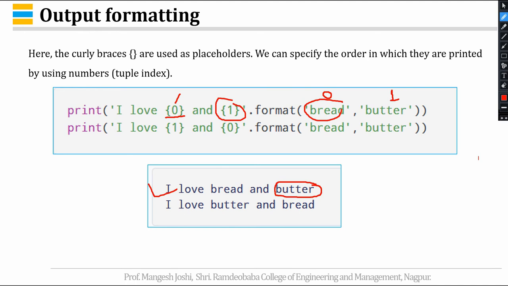In the second print statement, the index value is changed. Now this is 0, this is 1, so 1 stands for butter. So first 'I love butter' is printed, and then 0, the bread. So in this way you can change the sequence also.